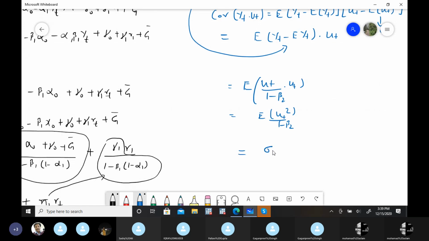This I can write as sigma square by 1 minus beta 2. This particular term is the variance of the residual term, and this is now the covariance, which needs to be 0, but it's not 0. And even if the sample size increases, it won't become 0 because in the denominator we have 1 minus beta 2. So it will create a problem that the results are biased and inconsistent.